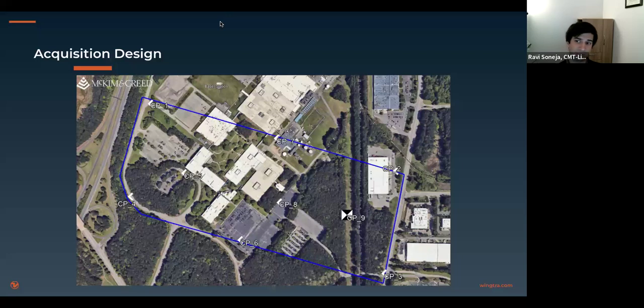This site was great because it offered all of that in one area. From a canopy perspective, there were a lot of deciduous and coniferous trees, which allowed us to evaluate the performance and the accuracy of the sensor. This data set was collected during leaf-off conditions, and there are a lot of pine trees in this site.